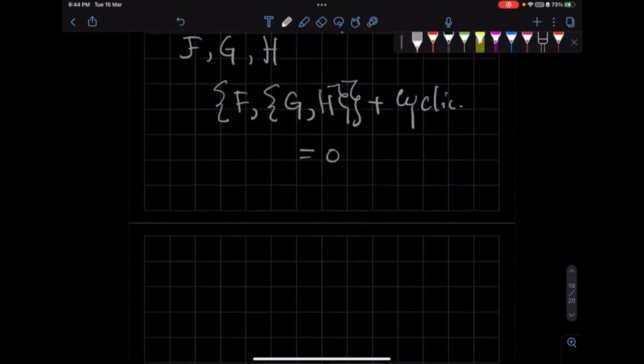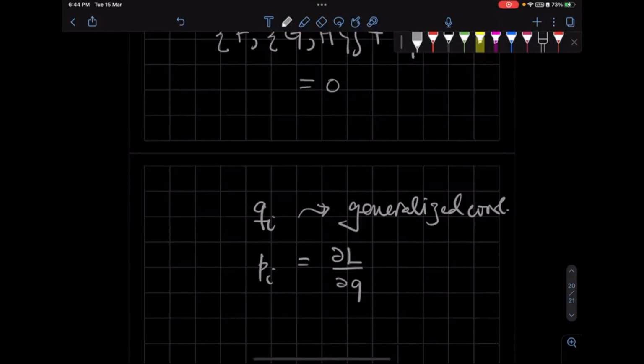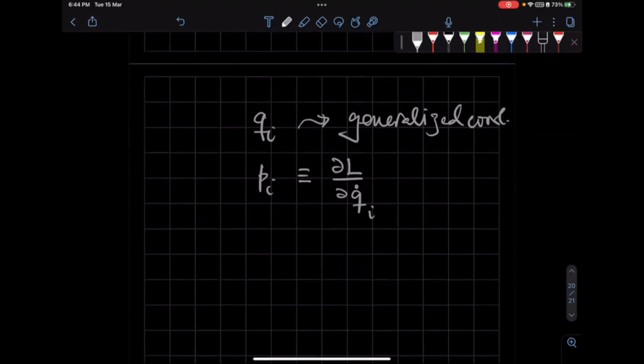Now the conjugate momenta are defined in the following way. If qi is a generalized coordinate, then pi is defined to be the derivative of the Lagrangian with respect to qi dot. Okay, that's the definition of pi. And from the Lagrangian, we go to the Hamiltonian by, I think there's a minus sign missing, but I don't really care about that, we replace qi dot with pi.